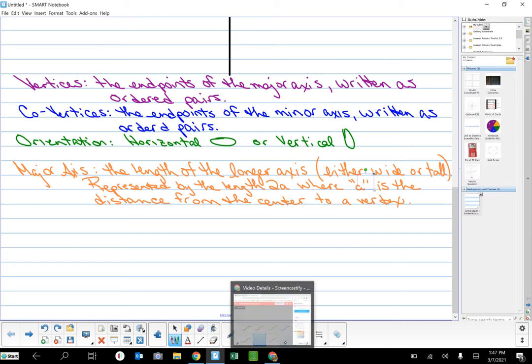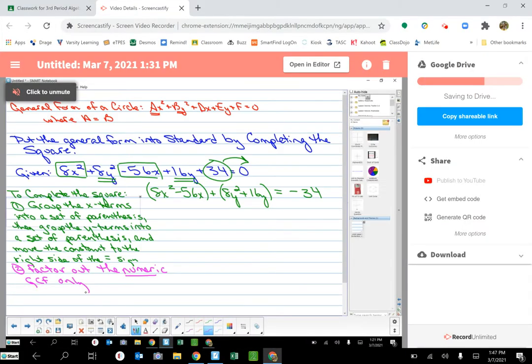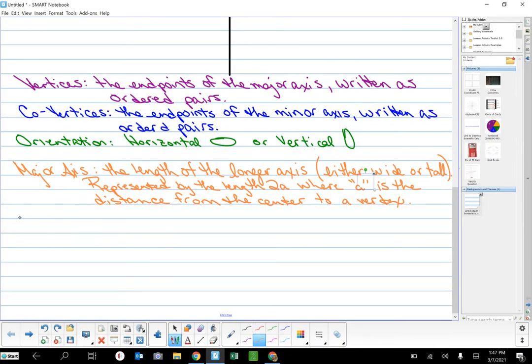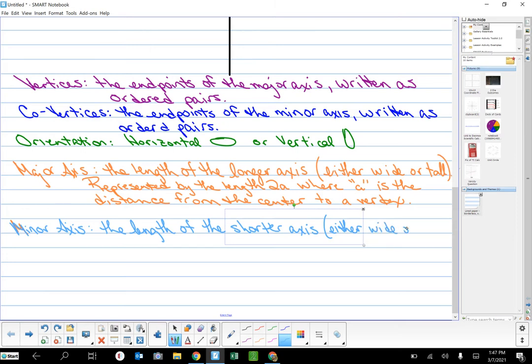All right, and then we have the minor axis, all the same words basically. This is the length of the shorter axis, either wide or tall.